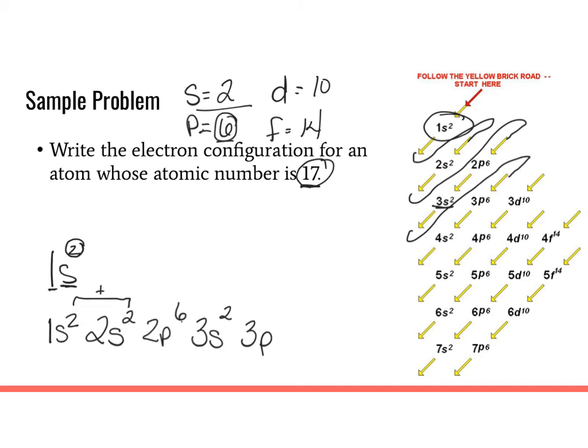Again, I have 12 right now because I have 2, 4, 10, 11, 12. I need 17. So I actually only need 5 in this. So I end up with 1s2, 2s2, 2p6, 3s2, 3p5. So that's the electron configuration.